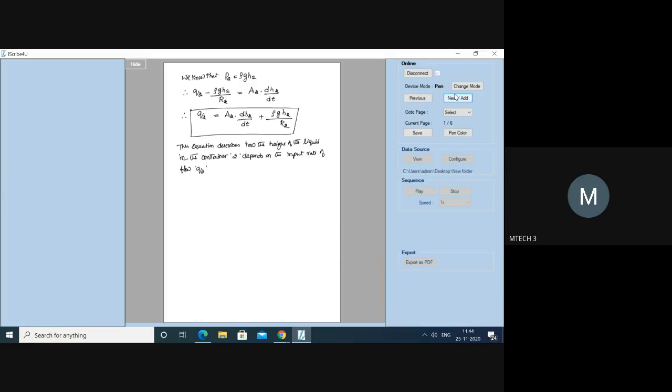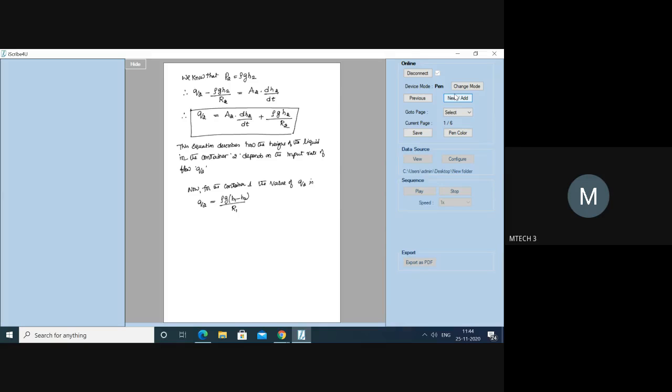Yes, sir. Now one more additional thing I am writing. Write down for container 1. For container 1, what is the value of Q2? Rho G of H1 minus H2 by R1.